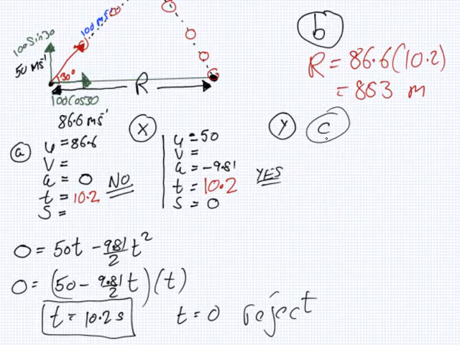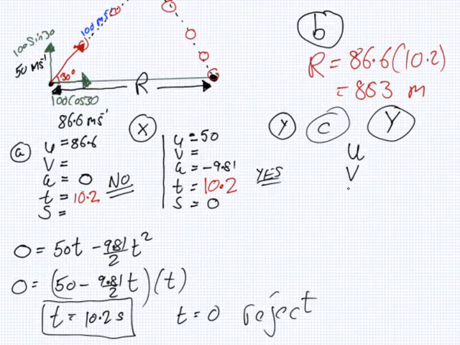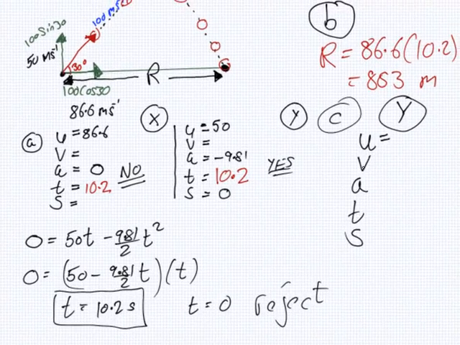Now in this case it will be half, but not in all cases, so I'll show you how you should do it. Now we're looking at the maximum height. Am I looking horizontally or vertically? Vertically. So let's only look at the vertical: U, V, A, T, S. What's the U vertically? 86.6.